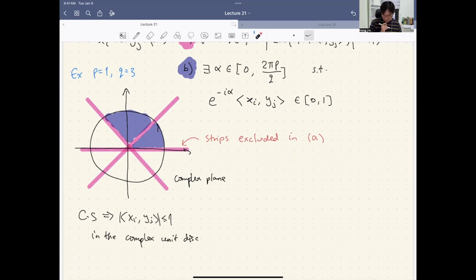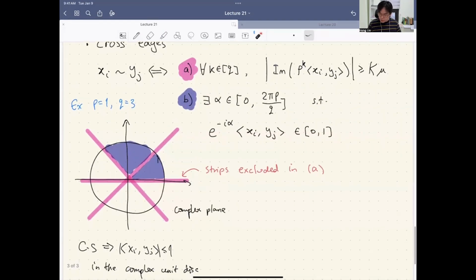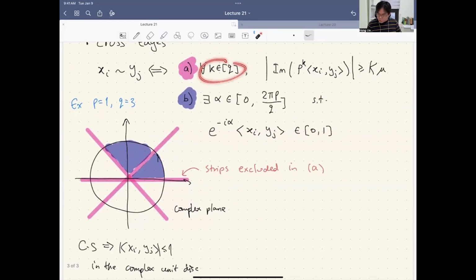Now think of k equal to 0, no rotation. Inside the unit disk, the inner product should be above the imaginary axis. It cannot be too close to the real line; the imaginary part cannot be too small. So this part is excluded. The other strips are rotations of this by some power of the primitive root.